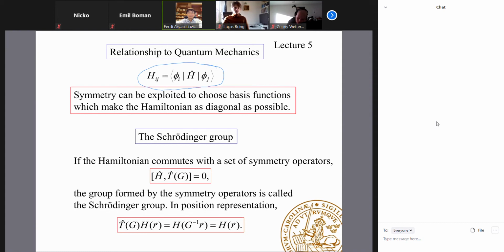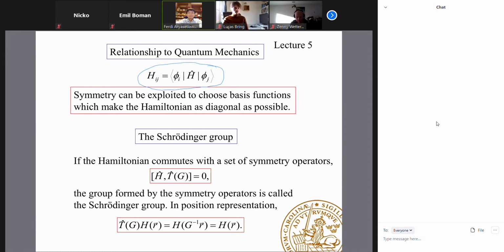So we want to construct linear combinations of basis functions such that they transform according to the irreducible representations of the symmetry group of the Hamiltonian. In this way, the Hamiltonian will be as diagonal as possible.